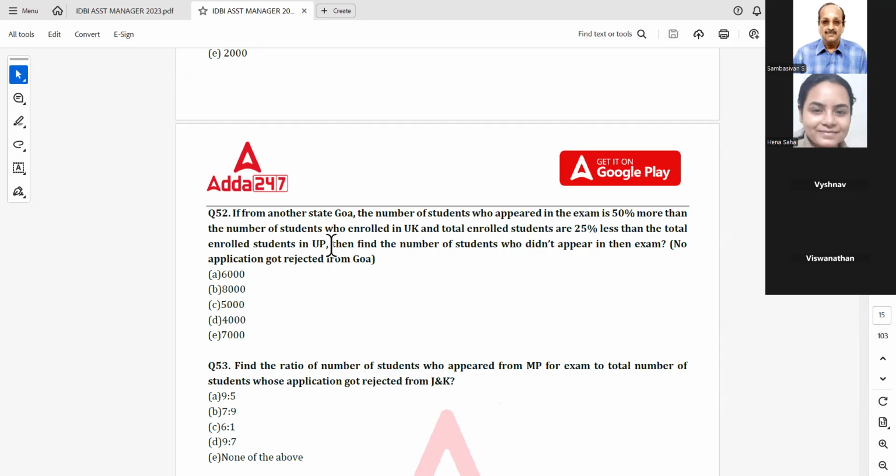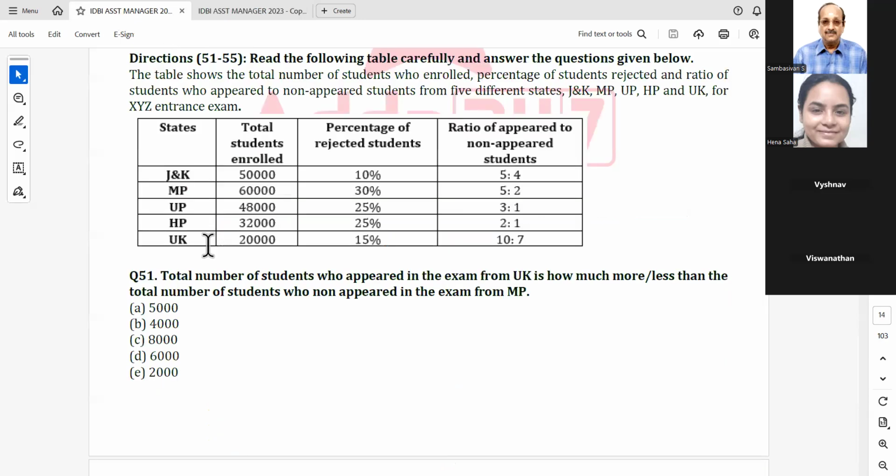See, if from another state, Goa, the number of students who appeared in the exam is 50% more than the number of students enrolled in UK. So number of students enrolled in UK is 20,000.